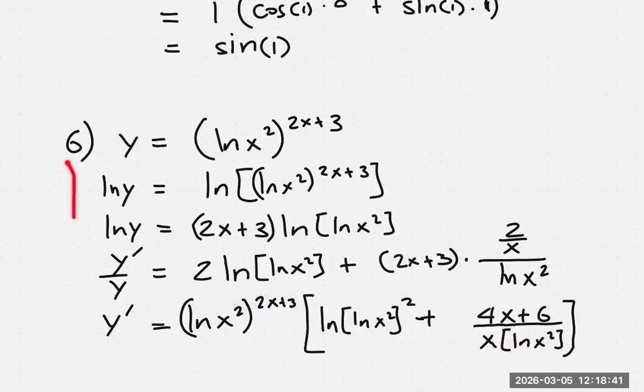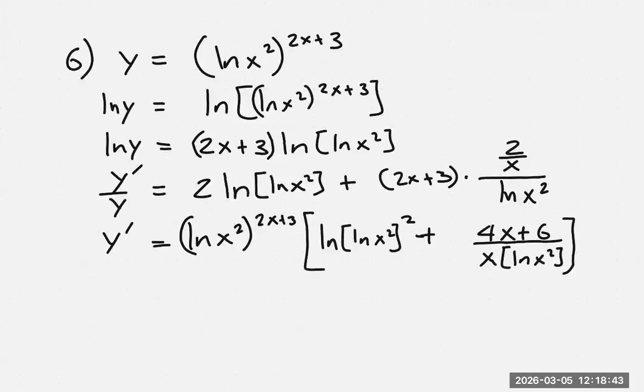Do you have a question? Yeah. How do I pick up on the technique you showed a while ago, where we do the natural log of both sides? I think you might have said it in the last class, but how do I look at a function and know that this is the approach I should take? Whenever it looks difficult to differentiate the other way.